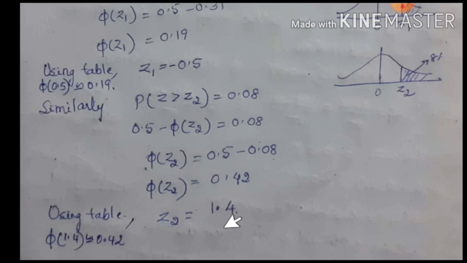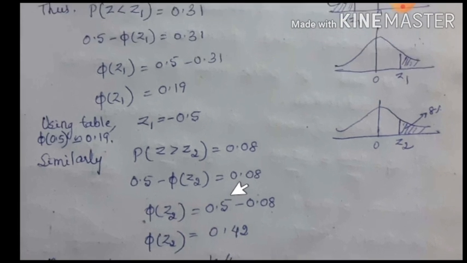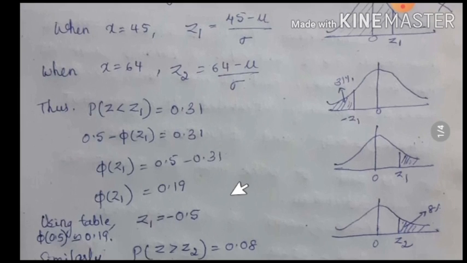So we found the z1 and z2 values, yes or no? A standard normal variate z1 and z2 for the different values of the given random variable, 45 and 64.